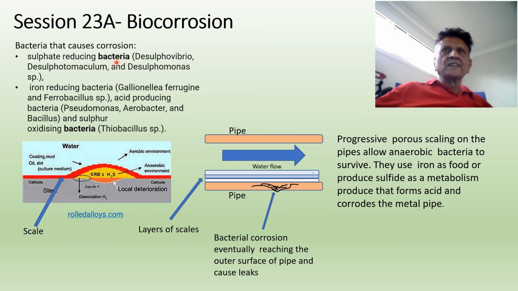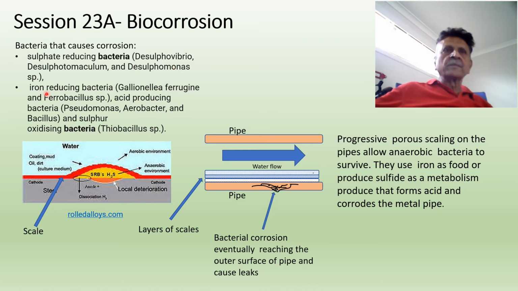Please note the names may appear very complicated, but if you translate it, it is Desulfo, which means using sulfur. Vibrio is the shape of the bacteria. Desulfotomaculum is obviously using sulfur, oxidizing, maculum, and the other one is like Pseudomonas, Desulfomonas species.